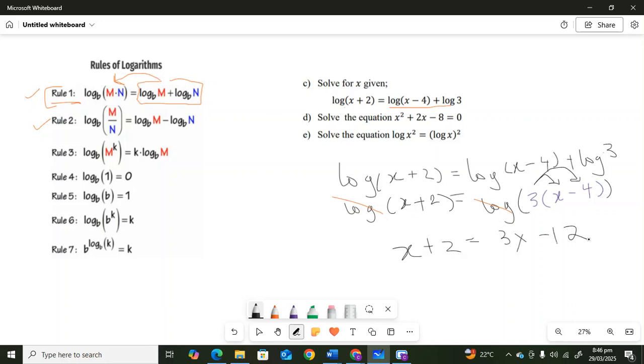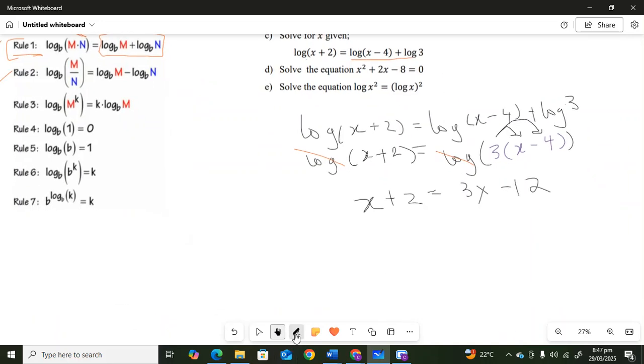So here, all in all, what we wanted to do is get rid of the logarithms. Once we get rid of the logarithms, then now we can solve. This has become a normal algebra equation.